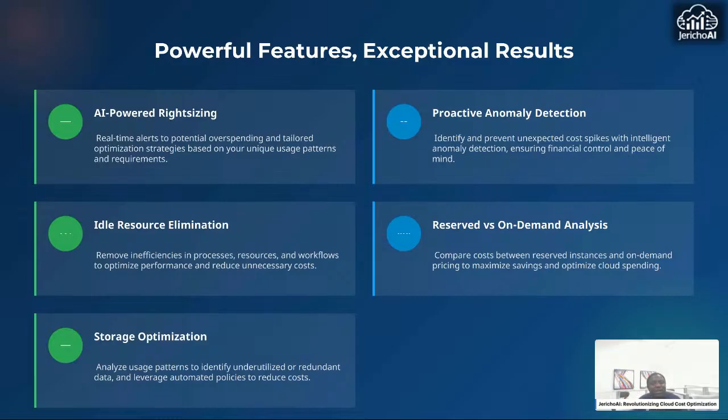And so it can be removed. So we also highlight to you idle resources that need to be eliminated, and we provide this with the ability to remove inefficiencies, either in processes, resources, or workloads, to optimize performance and reduce unnecessary costs.